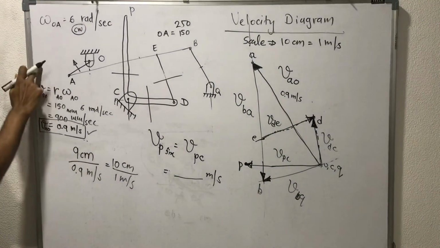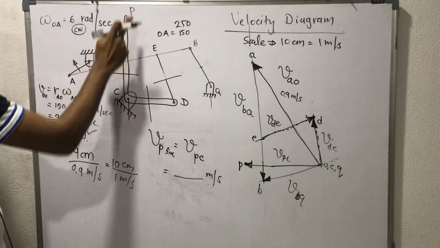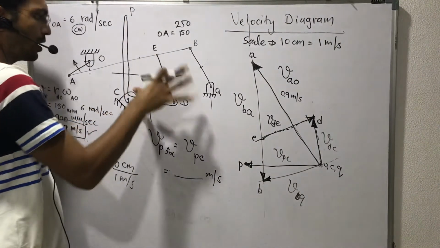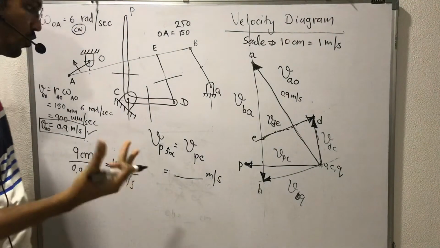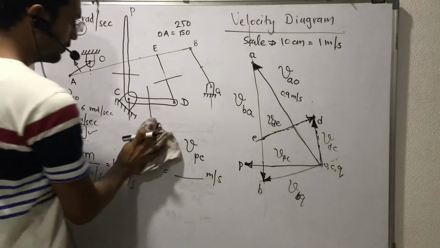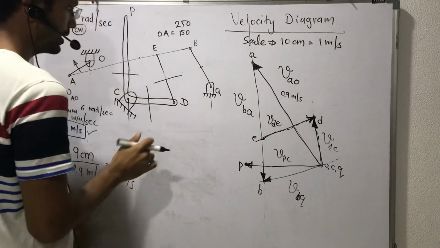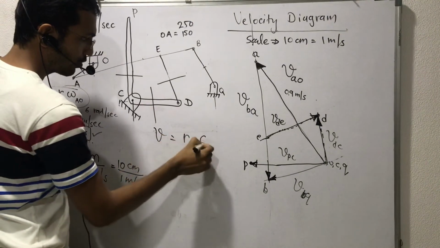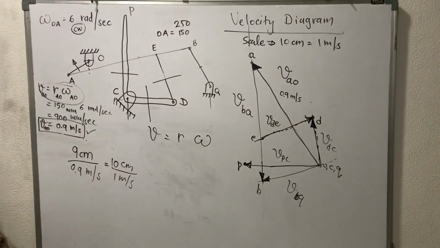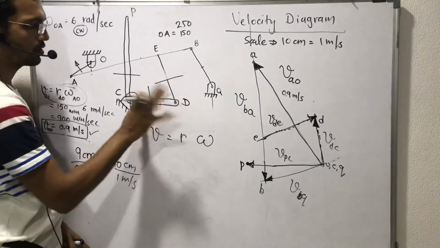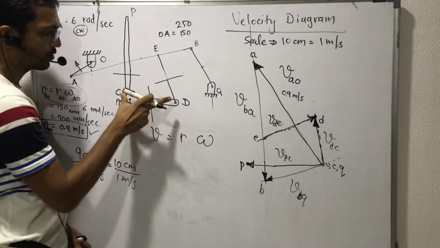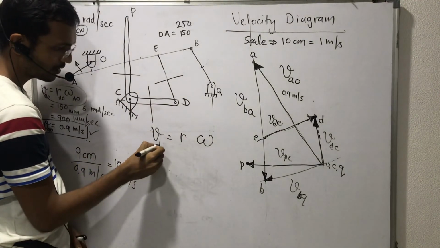And the second question: find the angular velocity of PCD. You can find the angular velocity of PC or of CD; both are the same. The relation between velocity and angular velocity is given by V equals R omega. For which link do we want to find it, either PC or CD? Because it is a bell crank lever, which is a ternary link, let us find it with CD.